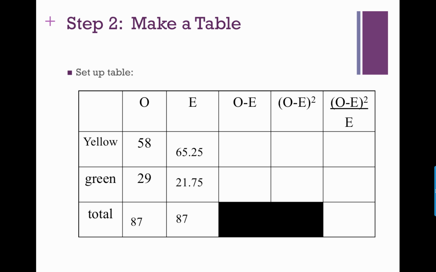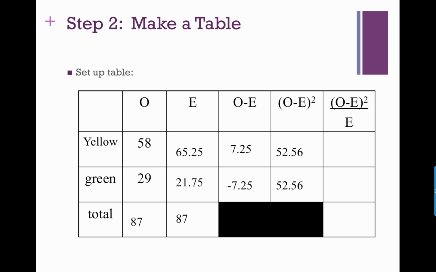The next thing to do is to find the difference, the O minus E. It really doesn't matter if you have positive and negative numbers because it's going to go away with the squares. O minus E is 7.25 in one case, and negative 7.25 for the green. Now I take my difference and I square them and get 52.56. And the next step is to take that difference squared and divide by the expected value.